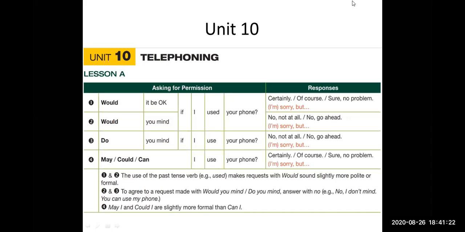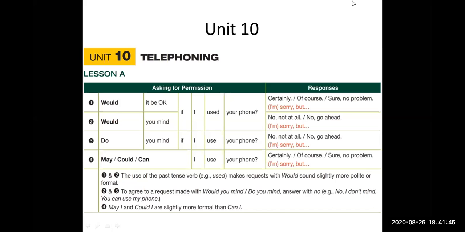Edison, what can you tell me about this grammar, please? Me, teacher. Yes, Edison. We use would you mind with the verb in past, or do you mind with the verb in present always.